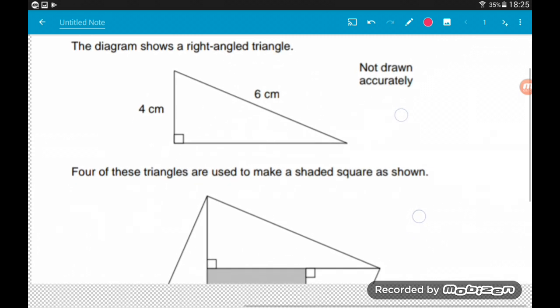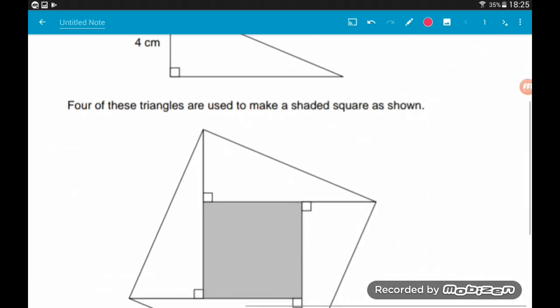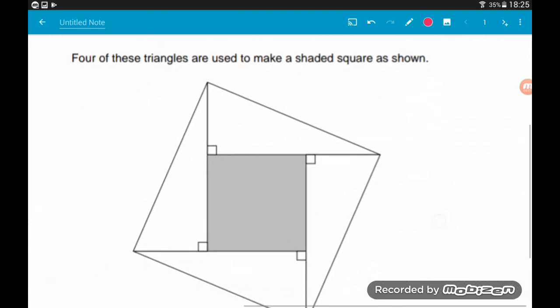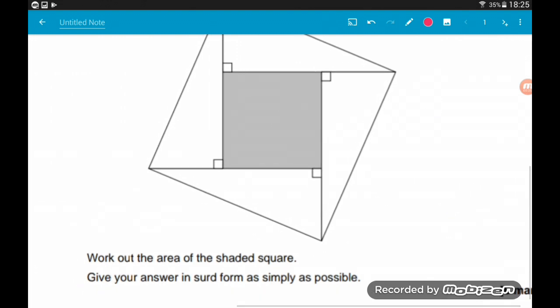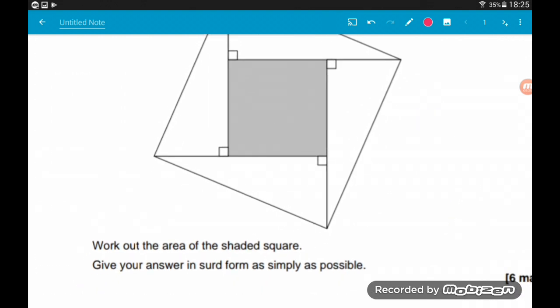Now 4 of these triangles are arranged to make this shaded square in the middle here, and our mission is to work out the area of the square and give our answer in surd form in its simplest terms. And this is a really tasty 6 mark question, so certainly towards the most difficult end of the spectrum.